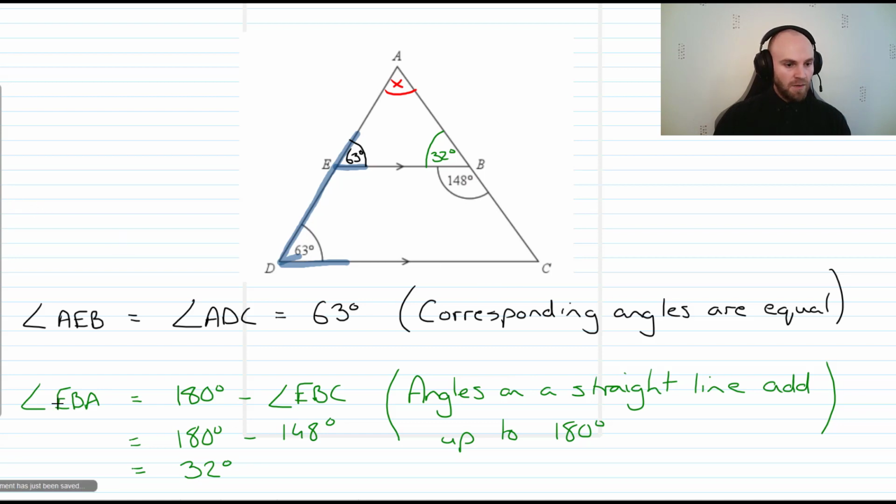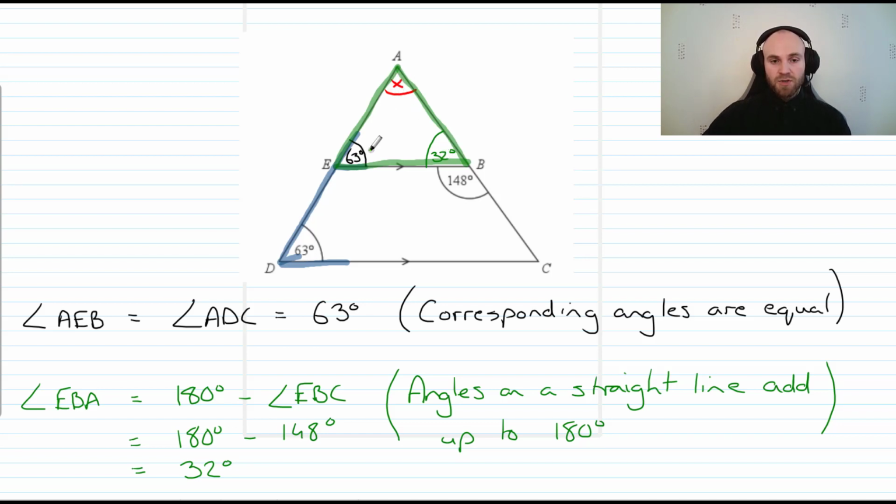And for the last part, again, I can see that we have a triangle here at the top. I'm just going to put this in a green color. It's not very neat, I apologize. And we should know that all of the angles in a triangle are going to add up to 180 degrees. So we've got this angle here at AEB, which is 63 degrees, and this angle here at EBA, which is 32 degrees.